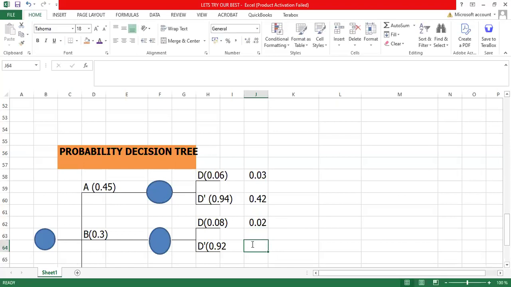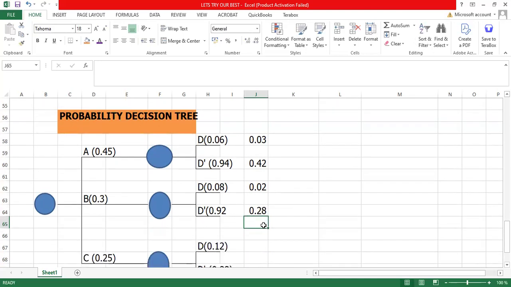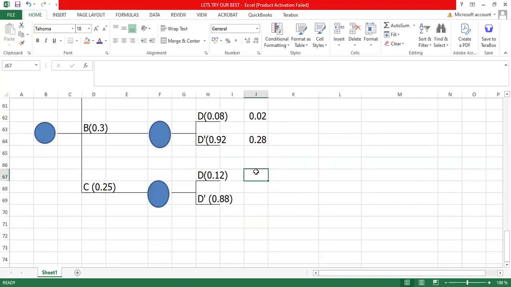Then here it will be 0.3 times 0.92. Then here it is 0.25 times 0.12. Then here it is 0.25 times 0.88.